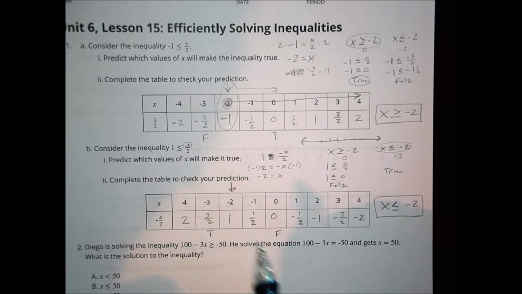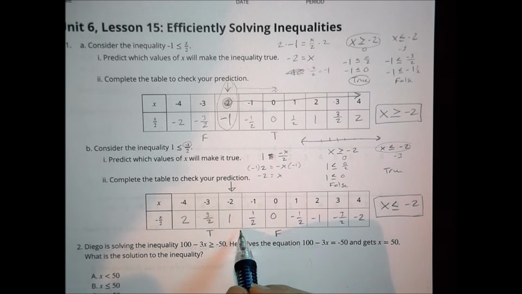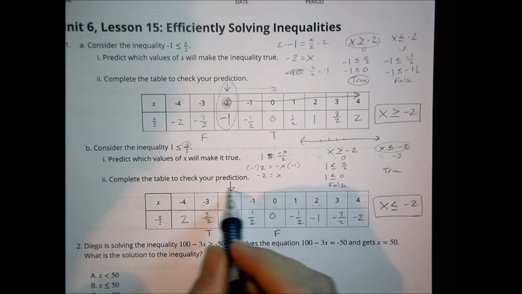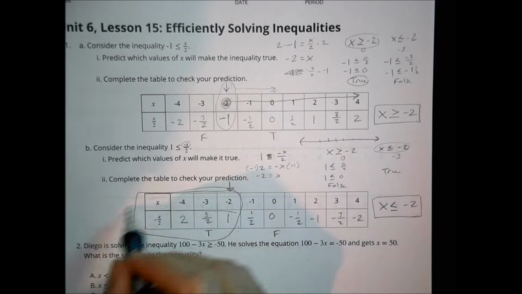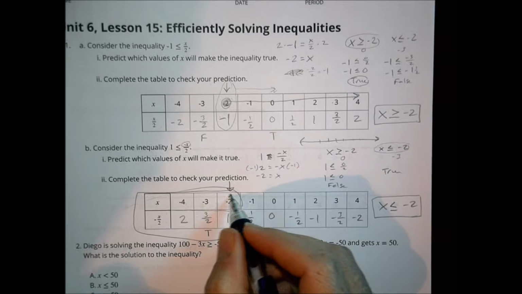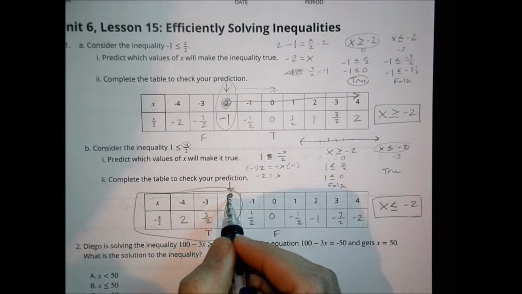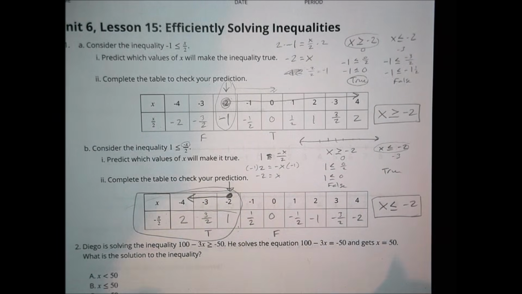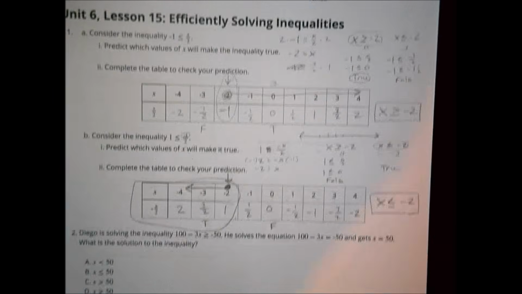Because x has to be greater than 1, the only places where it's greater than 1 happen from here to here. This is my greater than 1 category all through there. So in terms of a graph, it's there all the way that way. X is any value less than or equal to -2. Okay, so that's what we do there again and again, same process.